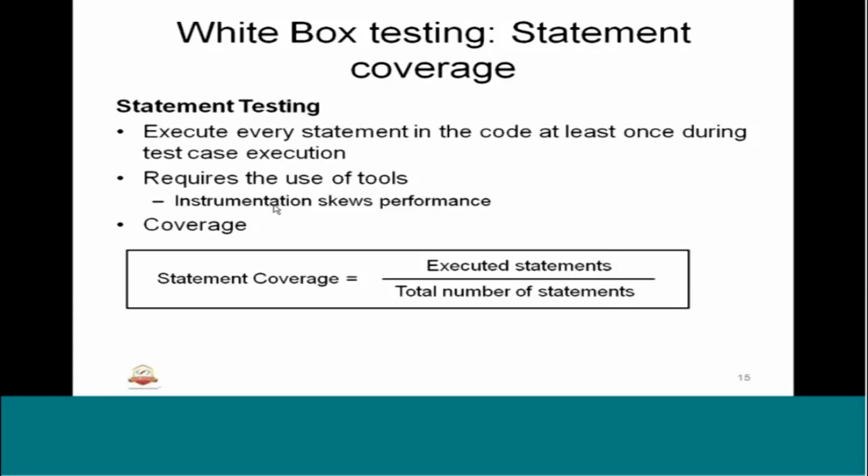So start with the part of the code that should be reached, and walk backward in the code to determine the values of the input variables required to reach the desired part of the code. With the specified values of input variables, check the specification for the expected result and execute the new test case while monitoring it. That means we may have to go back and forth in terms of reaching the code.